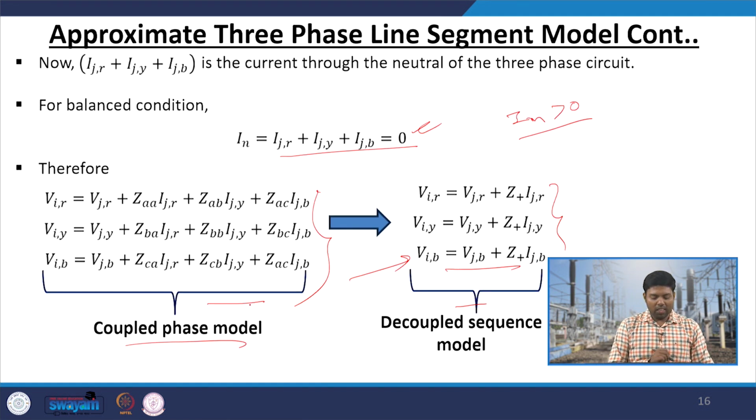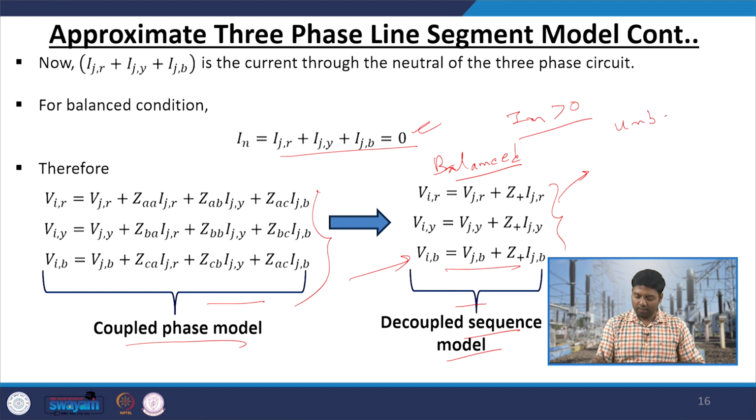So, the coupled phase model, if we convert, this is for the sequence model only for the balanced. If we make it for the unbalanced, then how will it become?